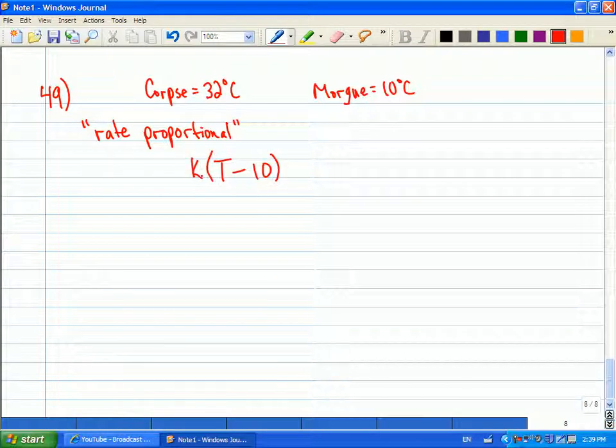We don't know what that rate is, but when we don't know what the rate is, we use a letter, like K. Okay. So this is the start of what we're saying. The change in temperature with respect to time is proportional to, right? That's how we're trying to set it up to take the English and turn it into a calculus equation.